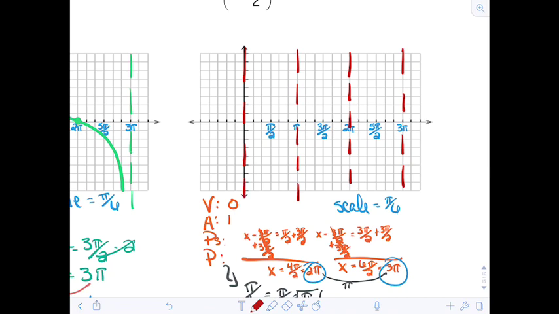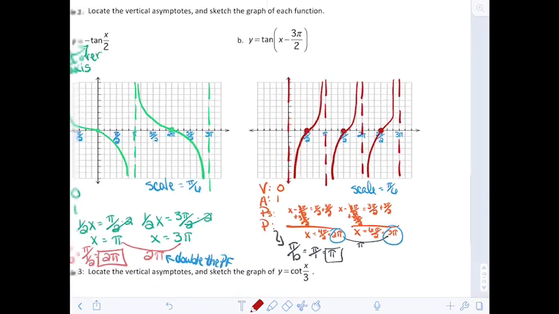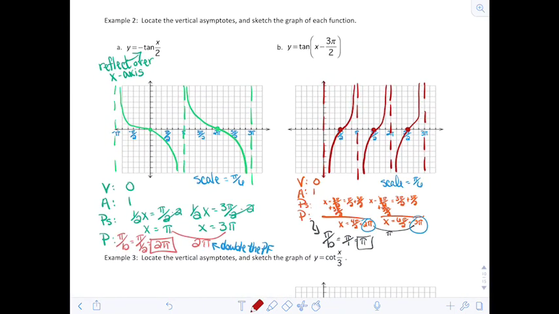This is tangent, no reflection, so in the center of the asymptotes, there's always an intercept. And now we'll draw down and to the right our tangent curve. So it's all in shifting the asymptotes and the period. Okay.